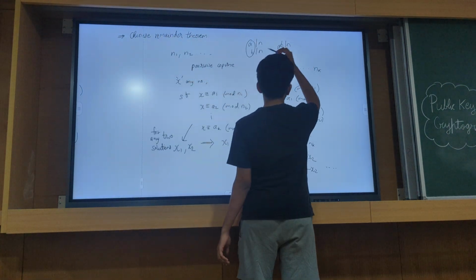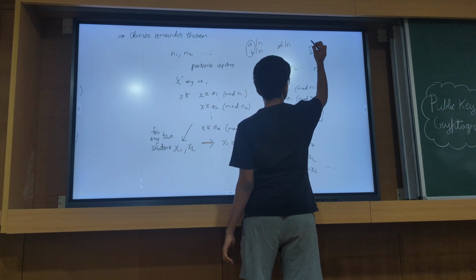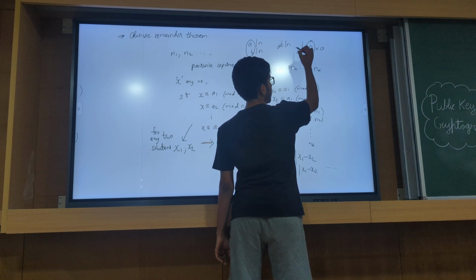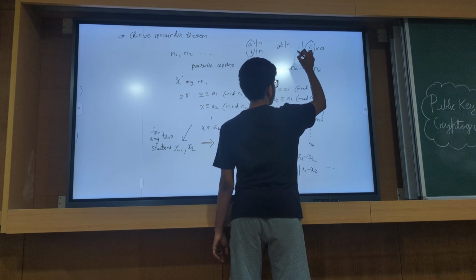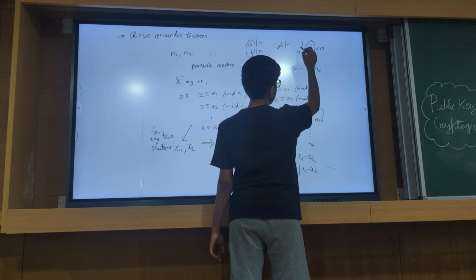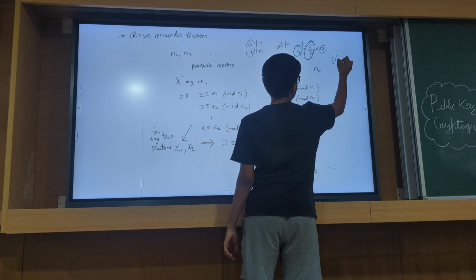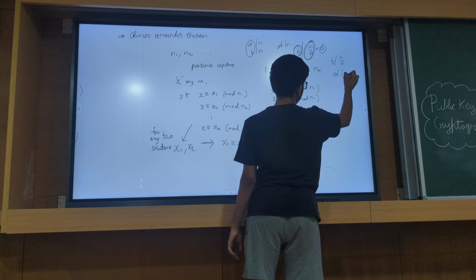Because if a divides n, then n by a is a natural number, and b also divides this. But b does not divide a, and b is coprime with a. From the properties of coprime numbers, if b is coprime to a, then b must divide the other part. So b divides n by a. This is the same as ab dividing n.